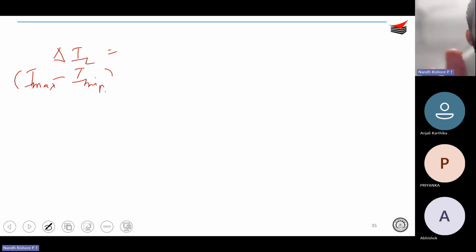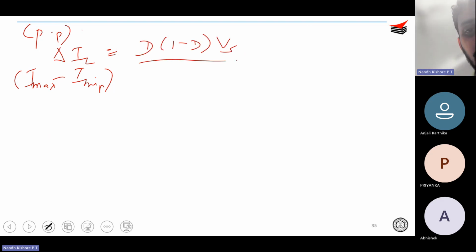Some people use 2 delta IL and stuff. So I am defining delta IL as the peak to peak ripple. Delta IL is equal to D into 1 minus D into Vs divided by your switching frequency into L. So from this, for a given specification of delta IL, you can find out what is L. Also at higher frequencies, your L value is going to be smaller.